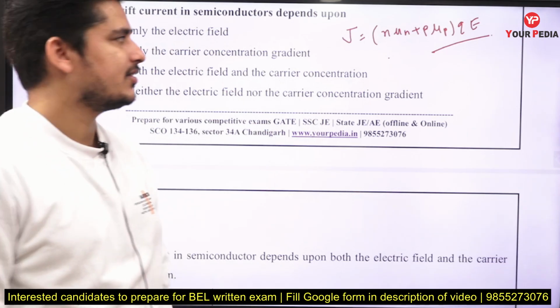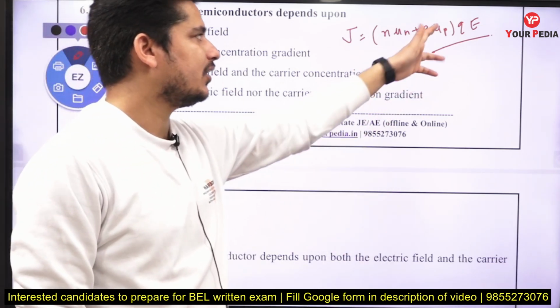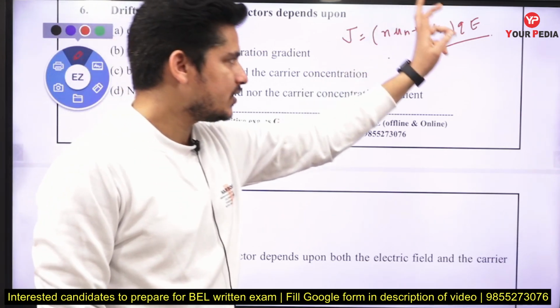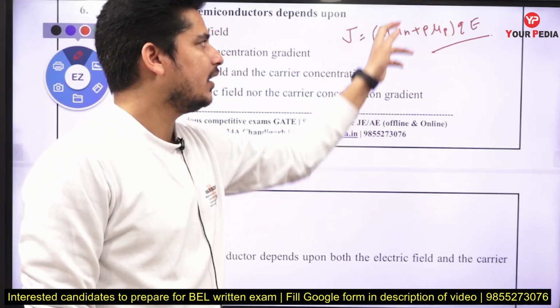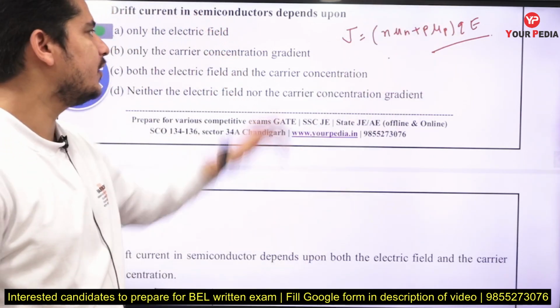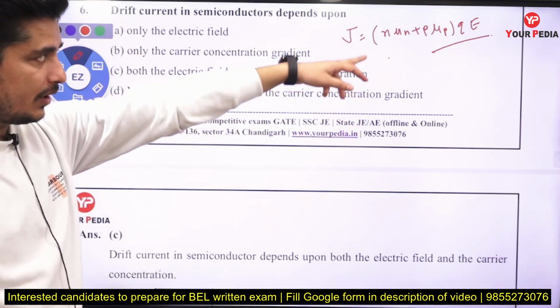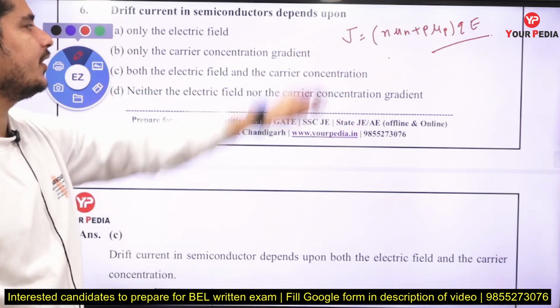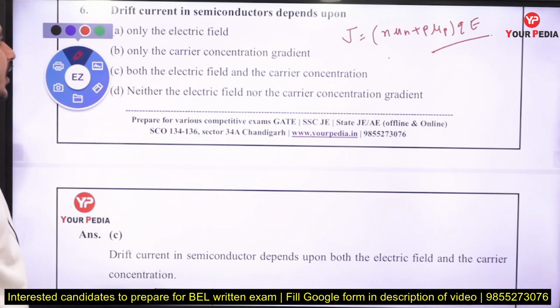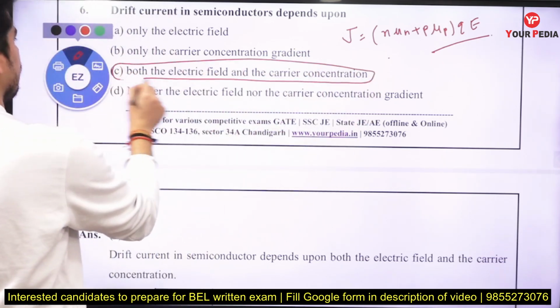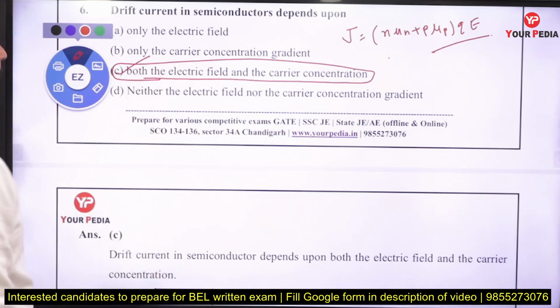If it is a p type extrinsic semiconductor, then it will follow only that part, and the other part will be neglected. If it is an n type semiconductor, this part will be neglected, it will follow this one. So that is the main thing. Basically, it is depending on the applied electric field and carrier concentration. So we can say it will depend on both electric field and carrier concentration. So answer is C here, right?